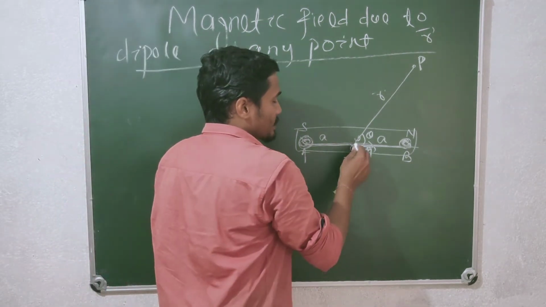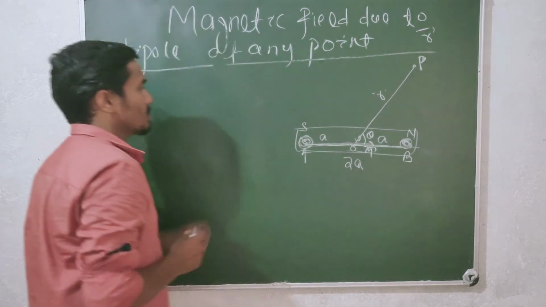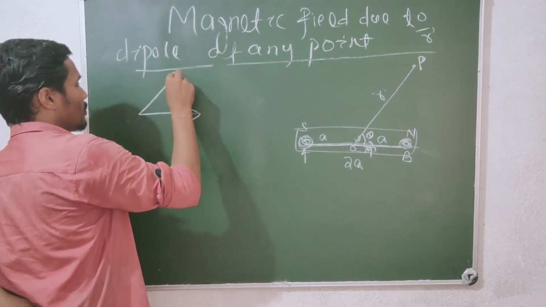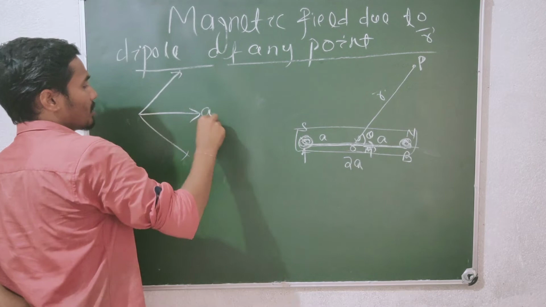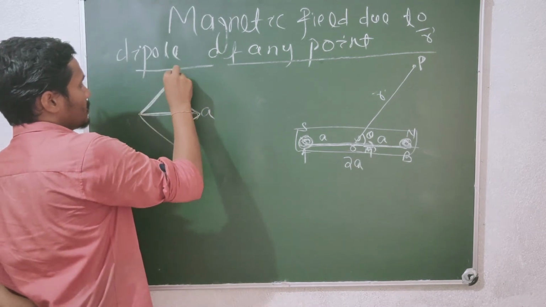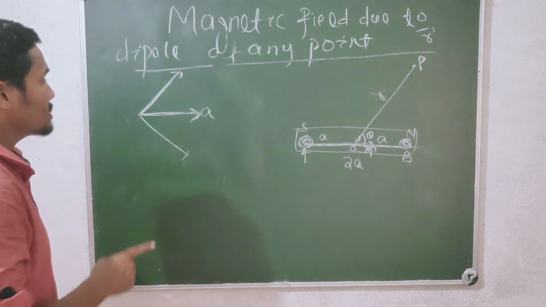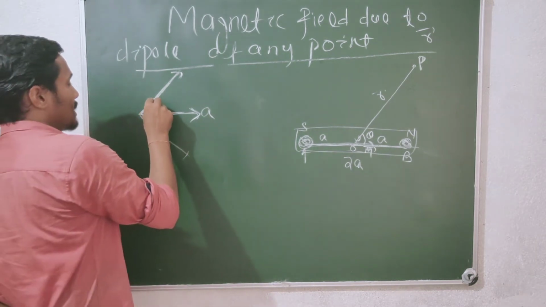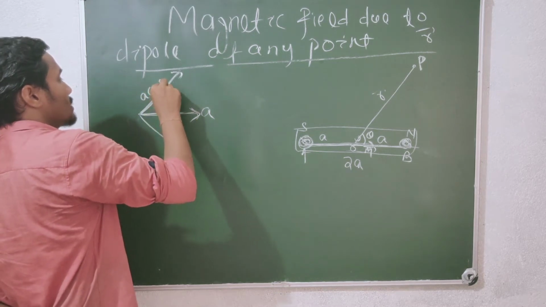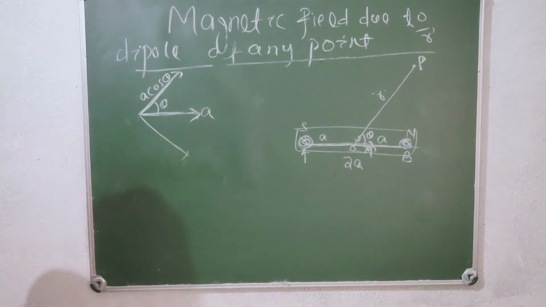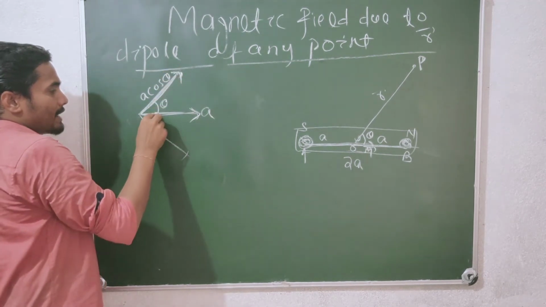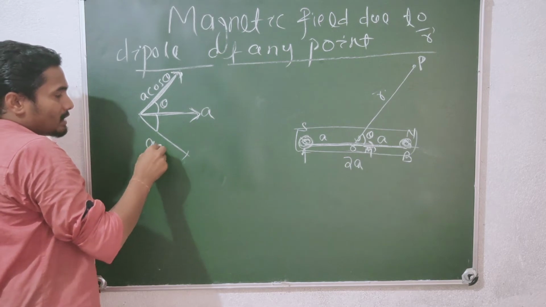Now we can split the vector into two scalar components. If we split a vector into two components, the component along the direction at which the vector makes angle theta is called the cos component, so it is a cos theta, and the perpendicular component is called the sin component, a sin theta.